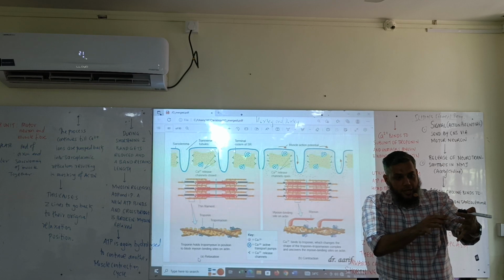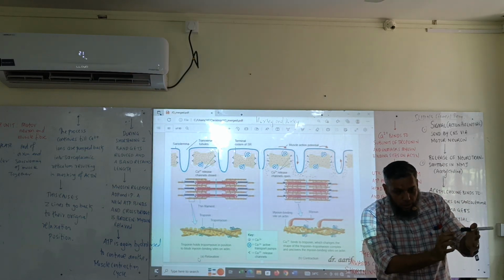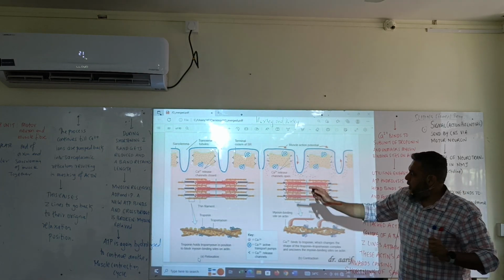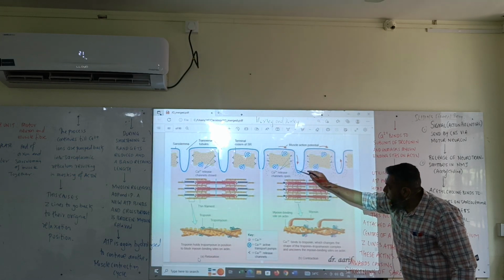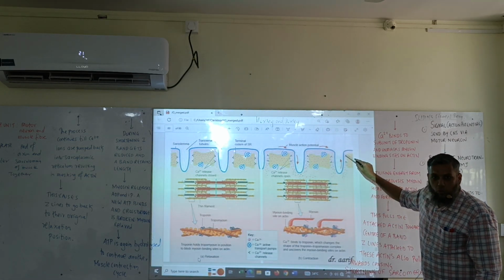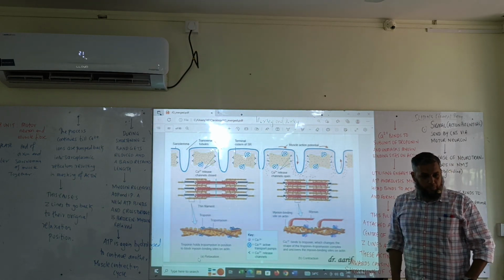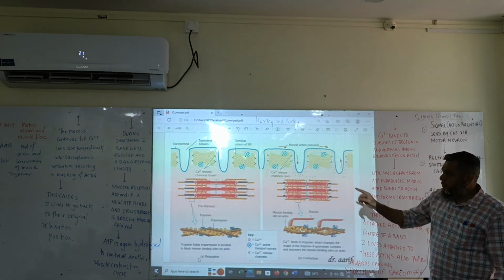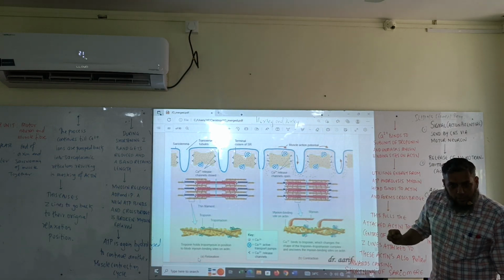What is released? Acetylcholine. It binds to the receptor. So this is the action potential on the sarcolemma. Because of that, compare the two figures.